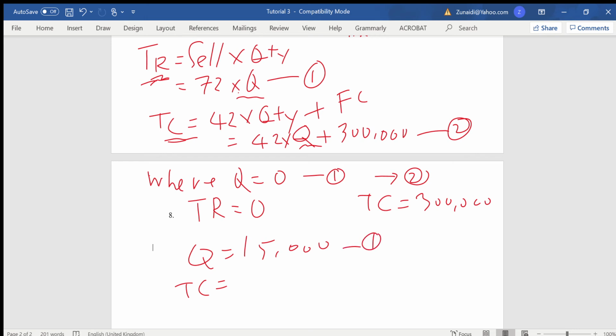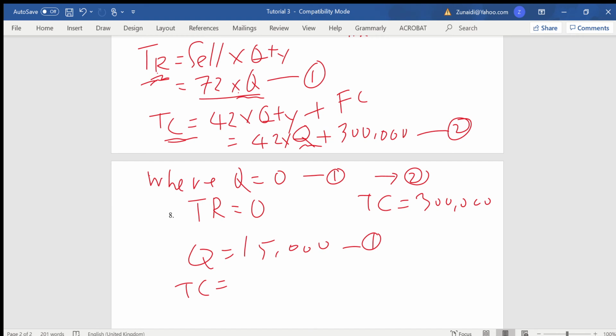So 72 multiplied by 50,000. We get TR first, TR, not TC.